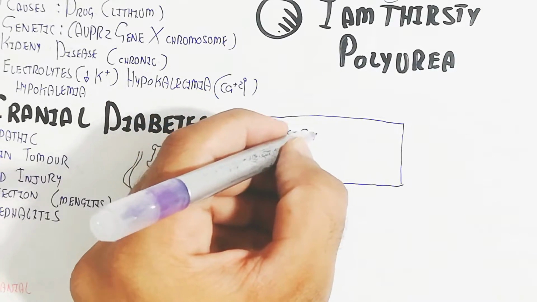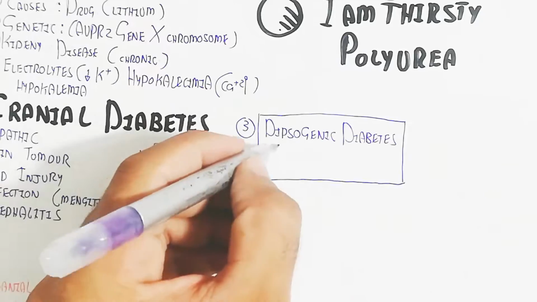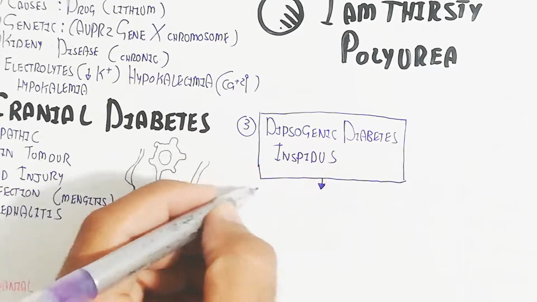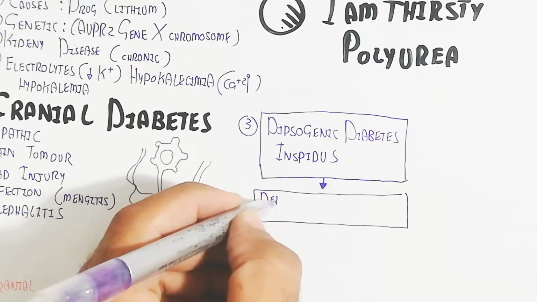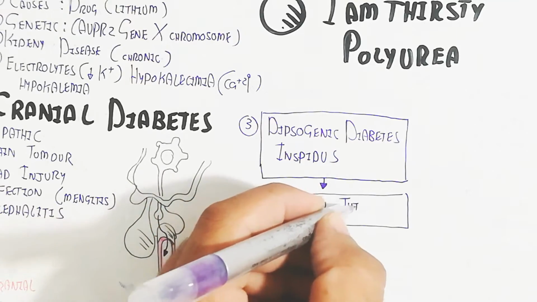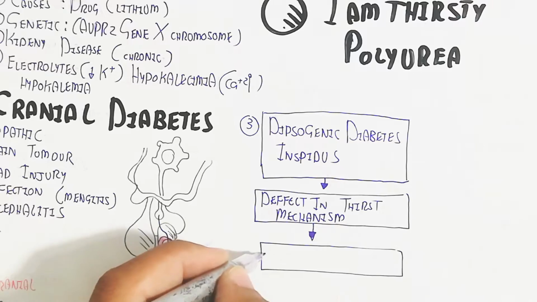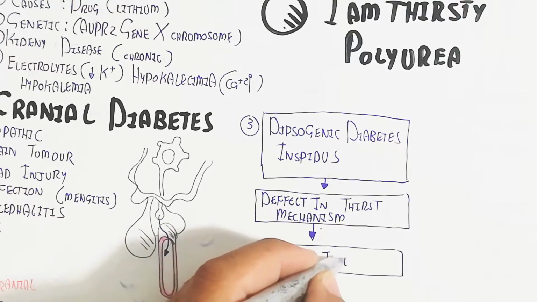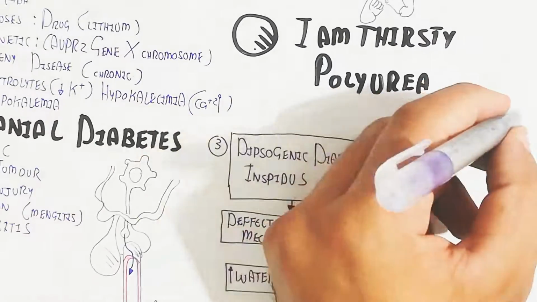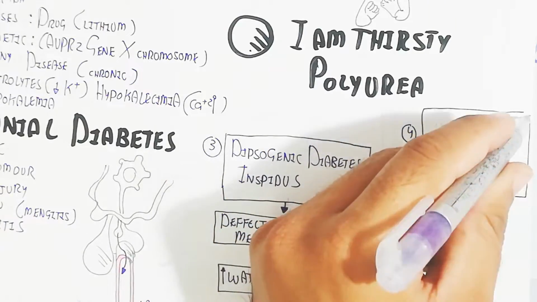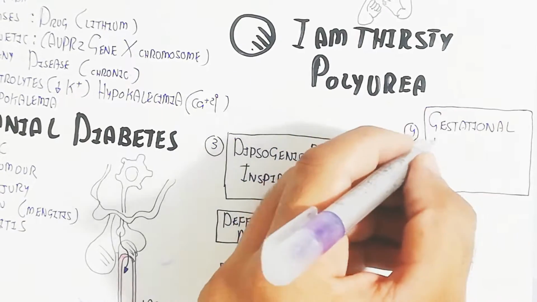The third is dipsogenic diabetes insipidus, a defect in the thirst mechanism, where water intake increases and leads to polyuria. On the other hand, there is gestational diabetes insipidus.